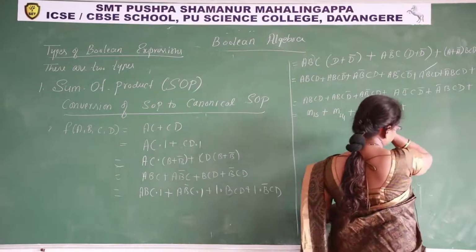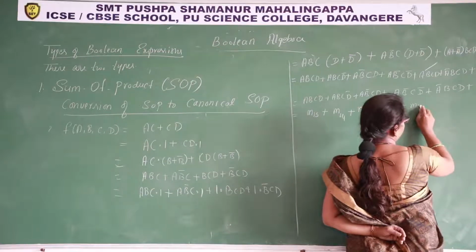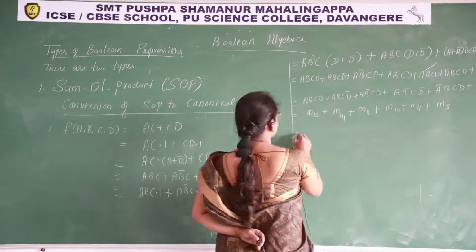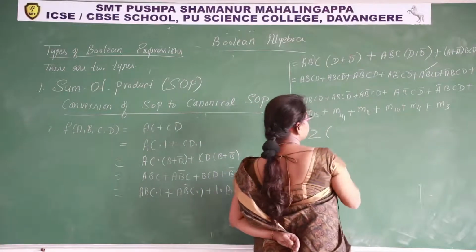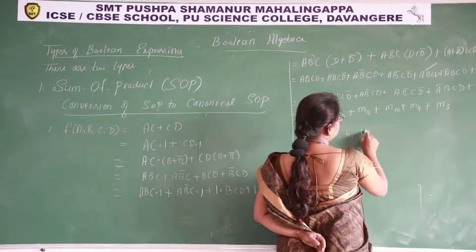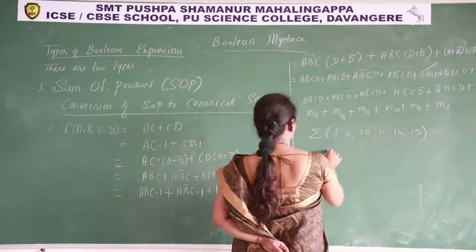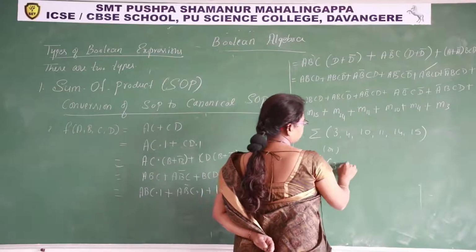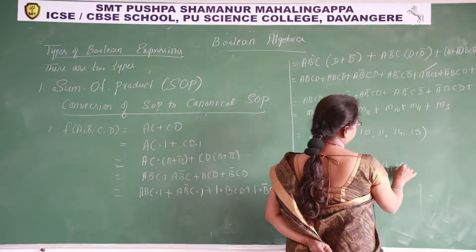M10 plus, BCD 421, M4 plus M3. Sigma, write in ascending order: sigma M of 3, 4, 10, 11, 14 and 15.